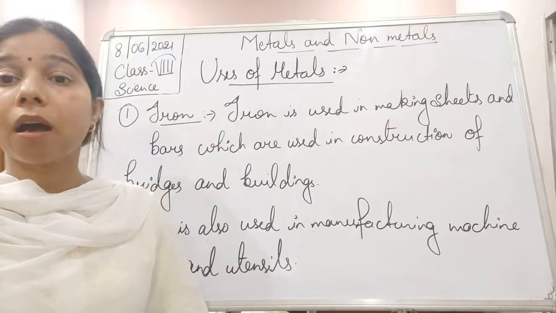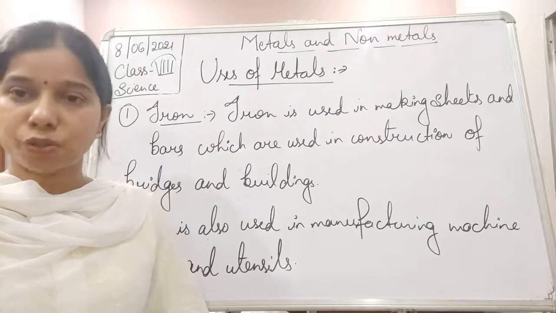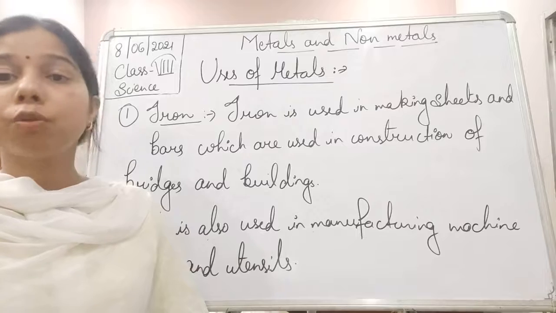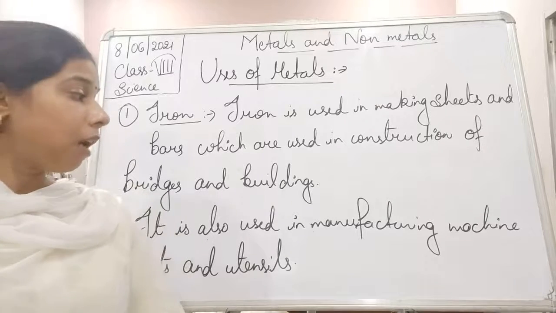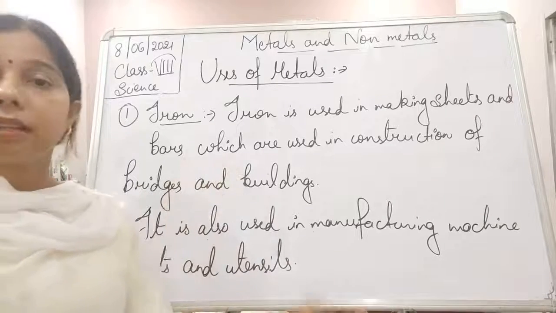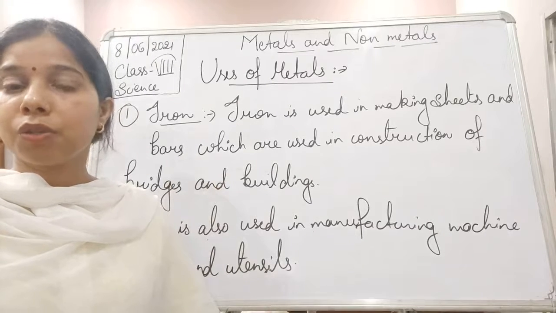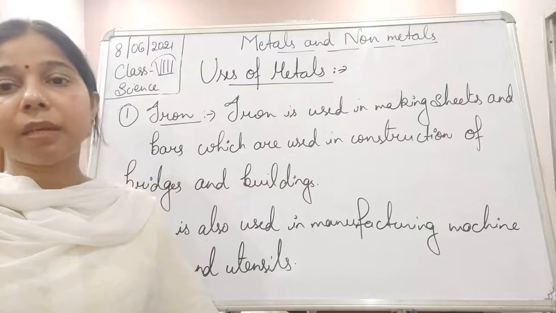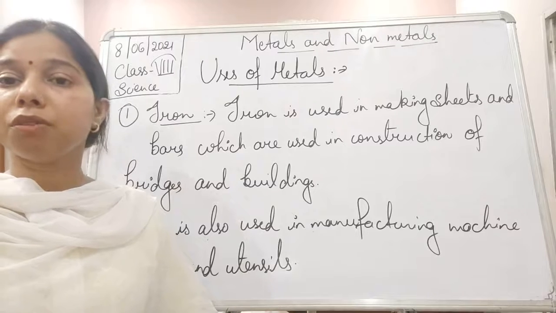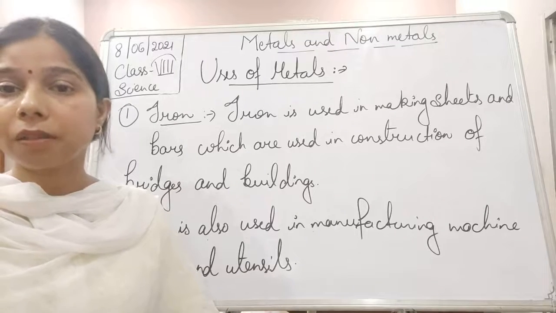These iron bars and sheets are used for construction purposes. They are used for making houses, bridges, and different buildings. So because of the property of malleability and ductility, iron is used for making sheets and bars.